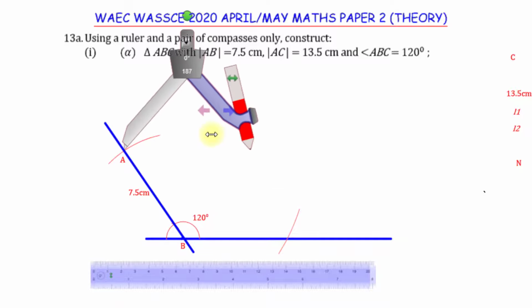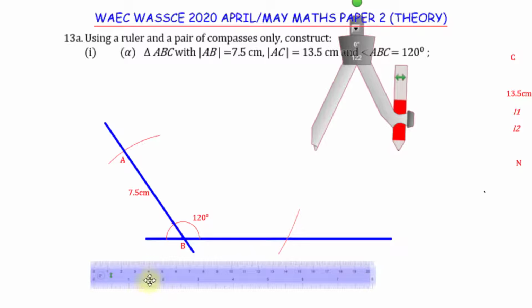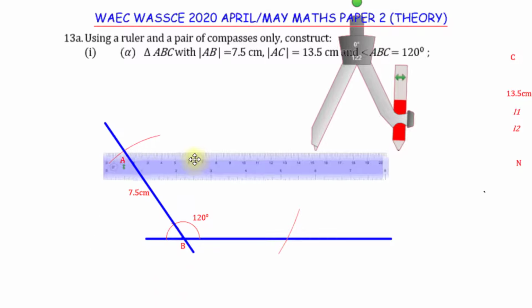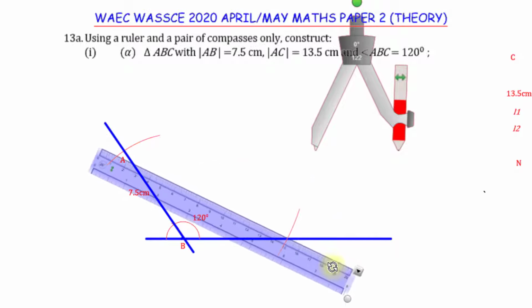Once that is done, you can label again after we join the 2 points A to C. So that's what we are left to do now.